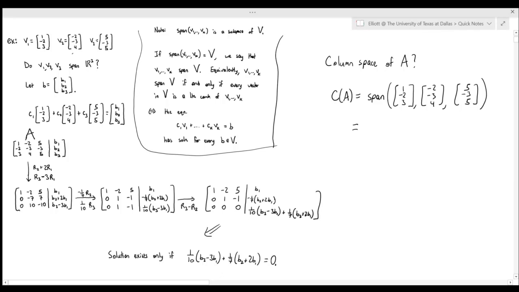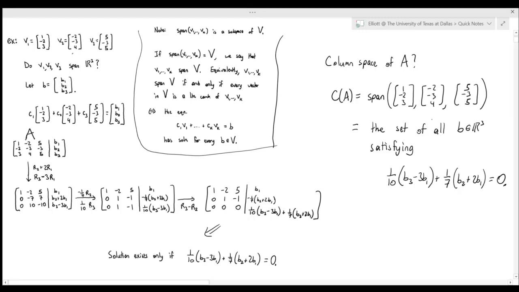So we can also say in this example that the column space of A would be the set of all vectors B satisfying this equation, because it's precisely for this set of vectors B that the equation Ax = B would have a solution.